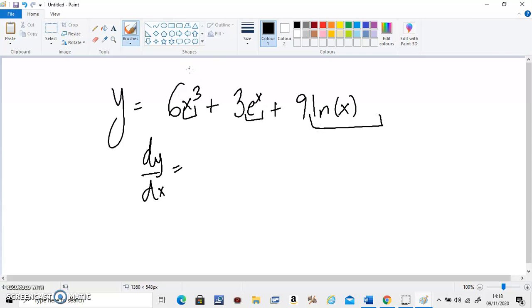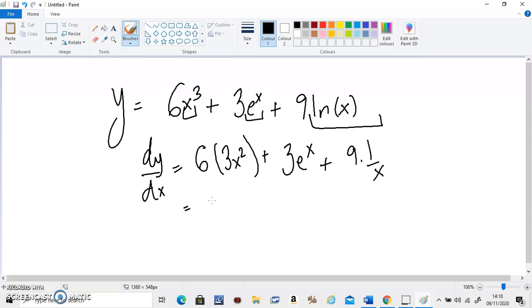Keep the constant as it is. So 6x cubed should become 6 times 3x squared. The exponential remains the same, and ln x becomes 1 over x. And then you have to simplify. 6 times 3 is 18x squared plus 3e to the x plus 9 divided by x. And this is the differentiation.